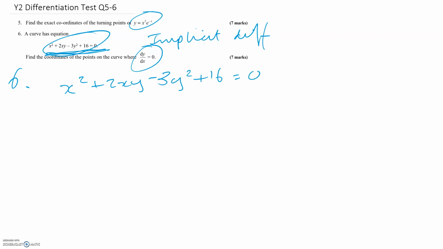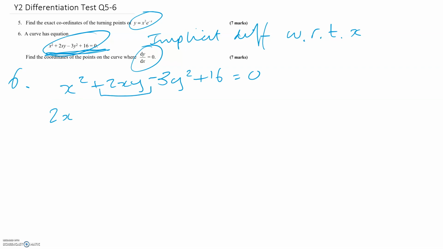Let's do the things that are easy to differentiate first. x squared will differentiate to give 2x. We're differentiating everything with respect to x, by the way. So differentiate x squared, we get 2x. Very straightforward. I'm going to come back for the 2xy because that's a bit more awkward.